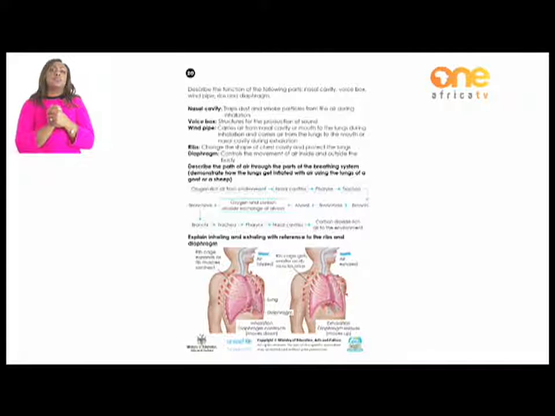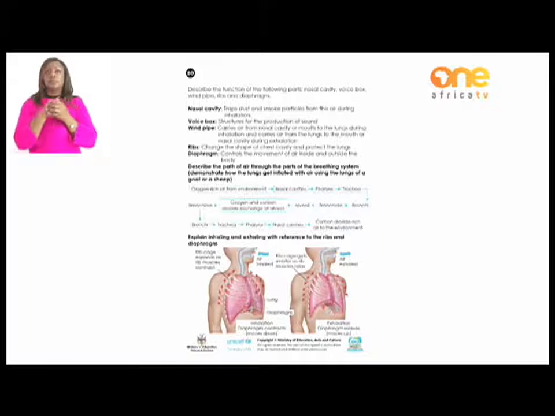That's why you realize that if you go to places that are dusty, places that are having smoke, you might end up having flu at the end of the day. That flu is a result of the nasal cavity holding those heavy particles that were actually in the air that you breathe in. So it has collected all the dust that is not needed to enter your body, just to let the air in, and then the dust remains.